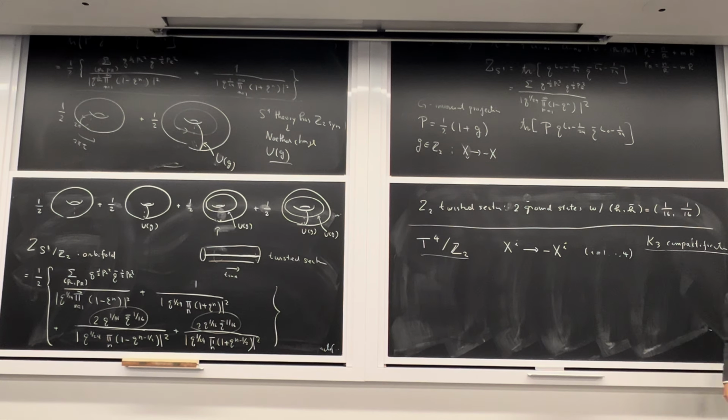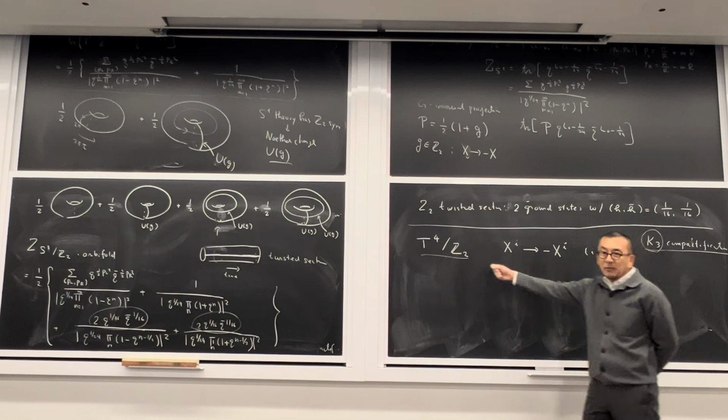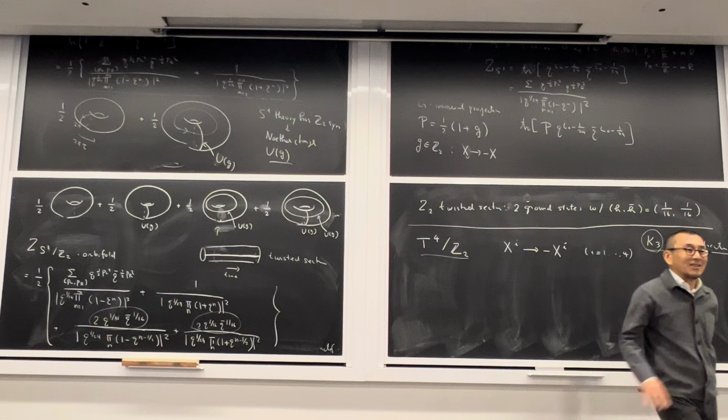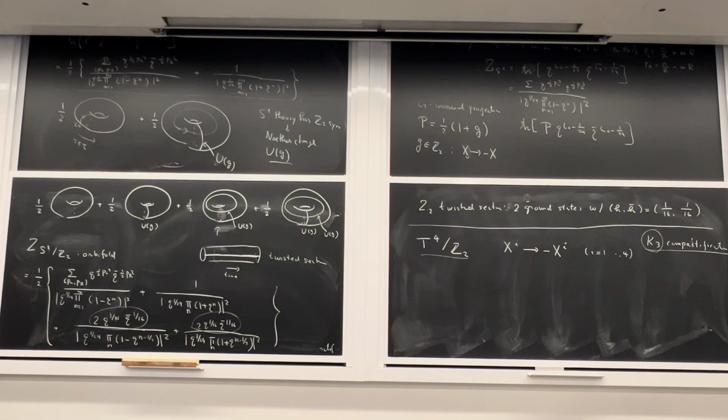And K3 is actually the first non-trivial example of what's called a Calabi-Yau manifold. Calabi-Yau manifolds can be defined in any even dimension. And in 2 dimensions, it's just a torus. But in 4 dimensions, there are non-trivial Calabi-Yau manifolds. And in the compact case, they all belong to a single family called K3. So this is actually the first interesting example.